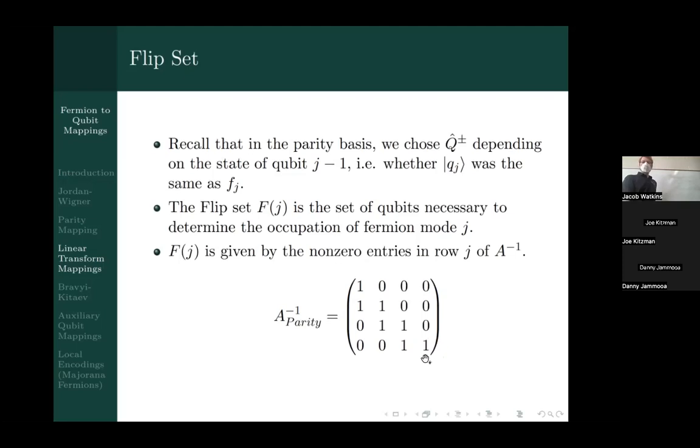A way to understand what it's doing is looking here at number 4. This qubit 4 stores the parity of all 4 qubits. So by just adding the parity of qubits 1, 2, and 3, you cancel it out and recover the occupation of fermion 4.